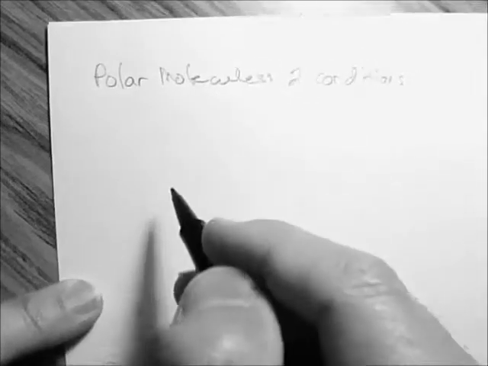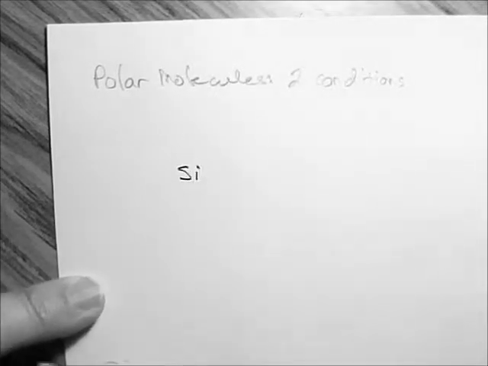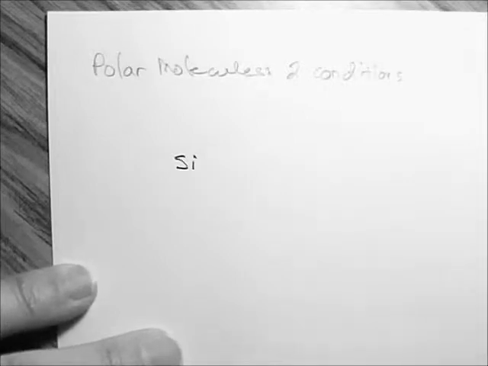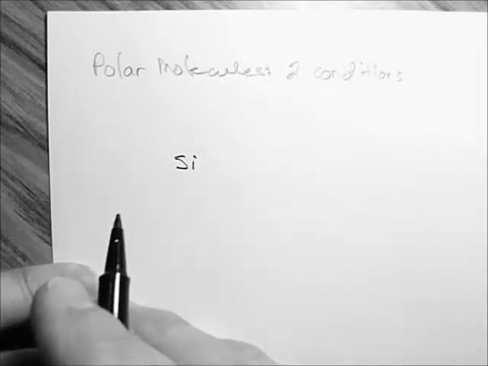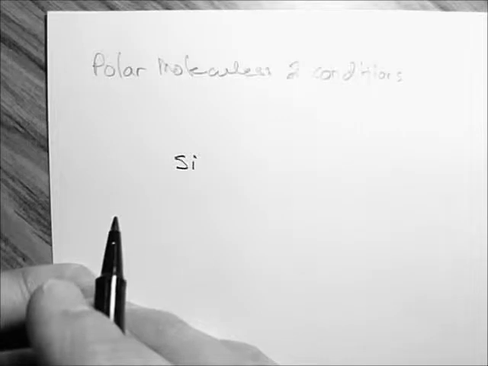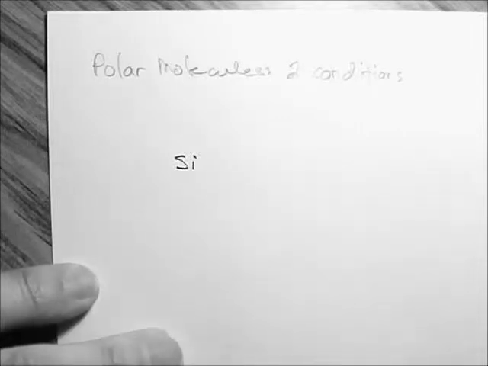We have silicon. How many dots do we put around silicon? Well, don't think. Look on your periodic table and figure it out. It's 4 of them. Okay, do we need to go back through and figure out how we know that? Okay, good. Anybody else need me to go back over that? All right.